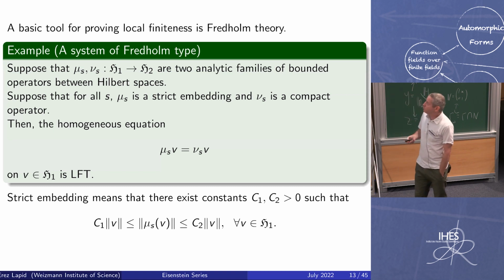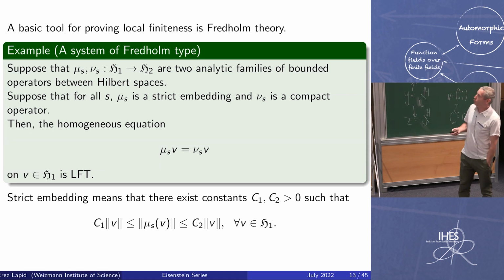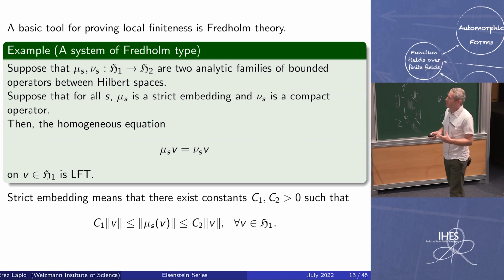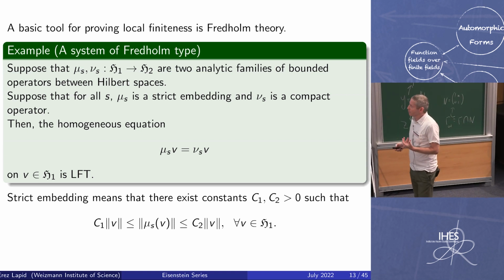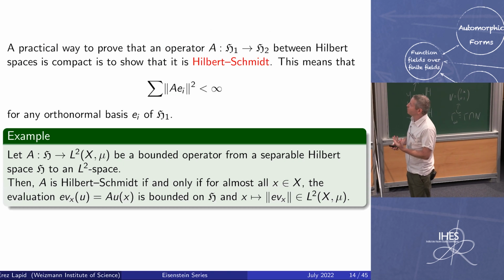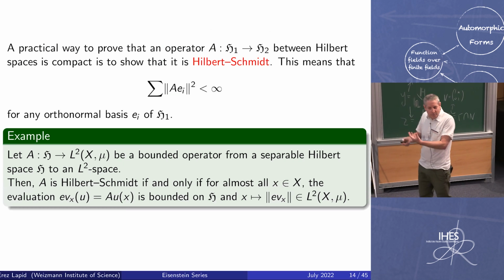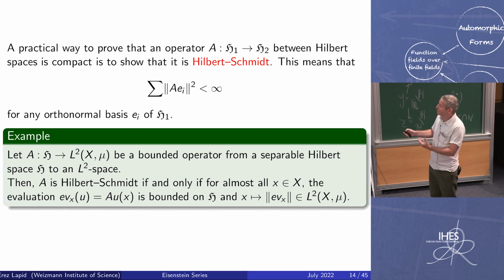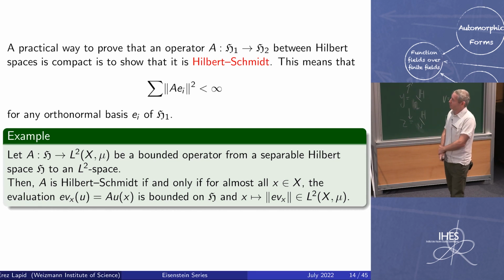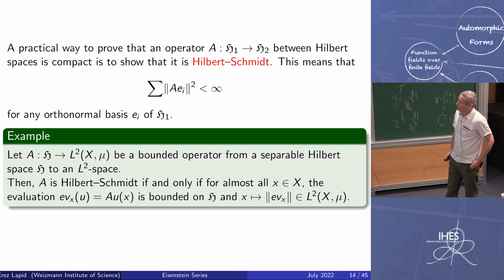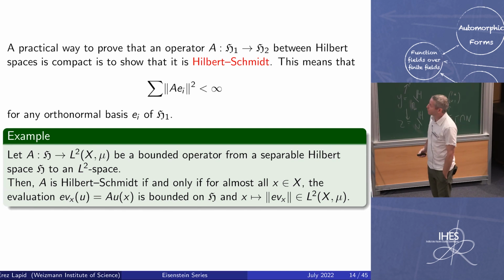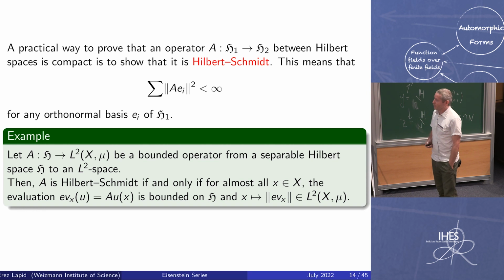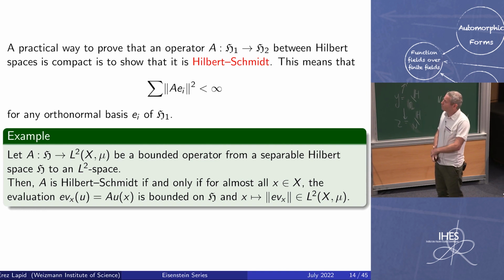And in practice, how do you check that an operator is compact, let's say between Hilbert spaces? Again, the easiest way is to show that it satisfies a stronger condition, namely that it's Hilbert-Schmidt. The formal definition is that the sum of the squares of the norms of A e_i, where e_i is an orthonormal basis of H1, is finite. This doesn't depend on the choice.